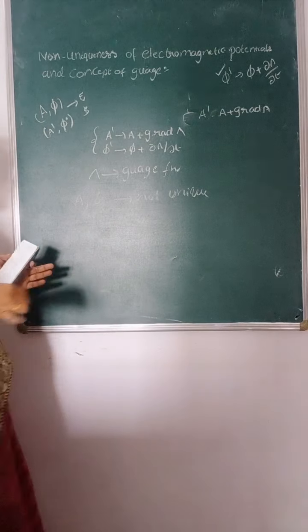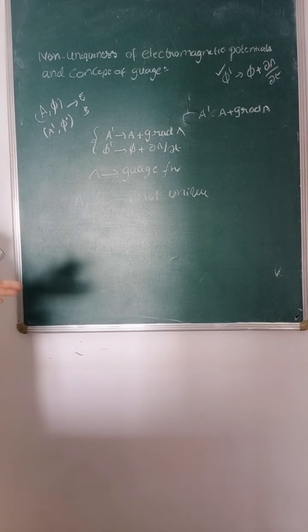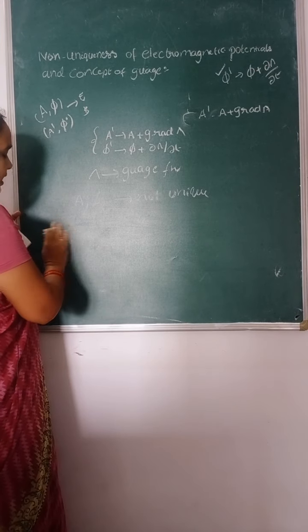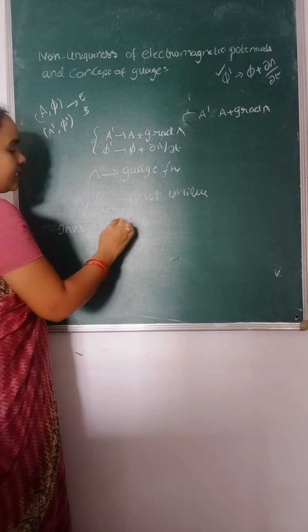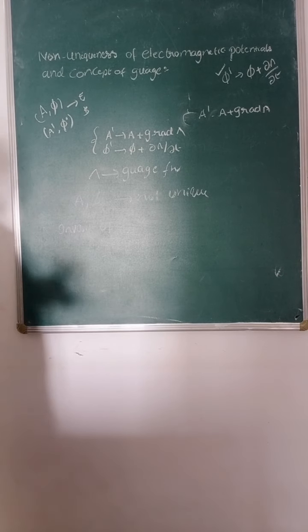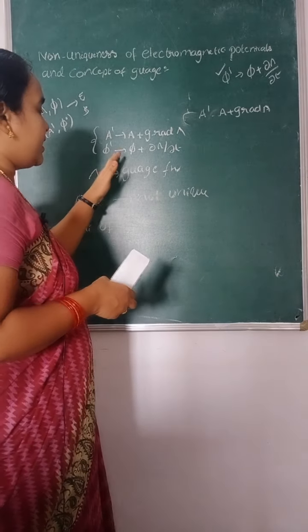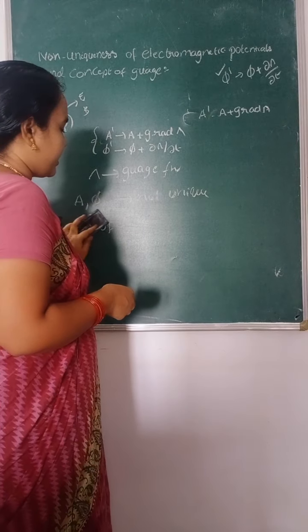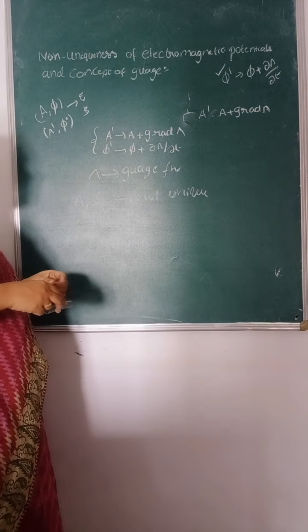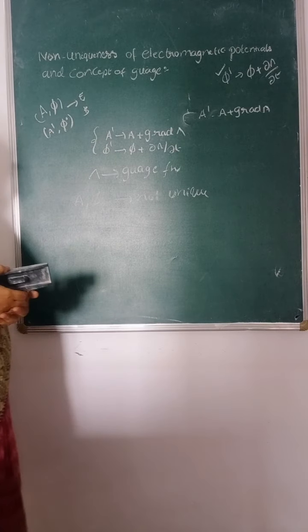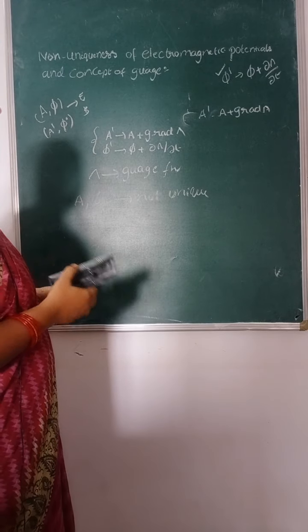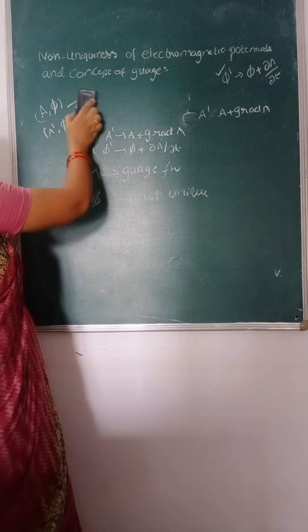That is, for a set of different values of A and phi we get the same values of E and B. This invariance of field vectors under Gauge transformations is known as Gauge invariance. This is regarding the non-uniqueness of electromagnetic potentials.